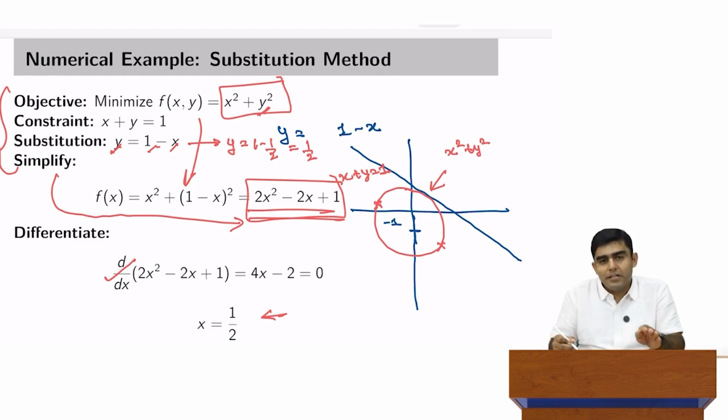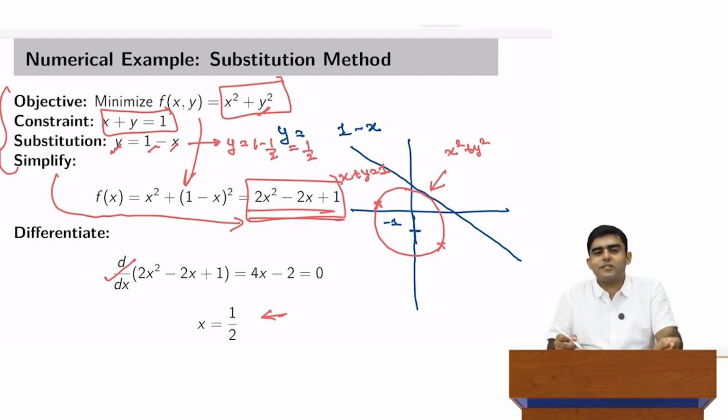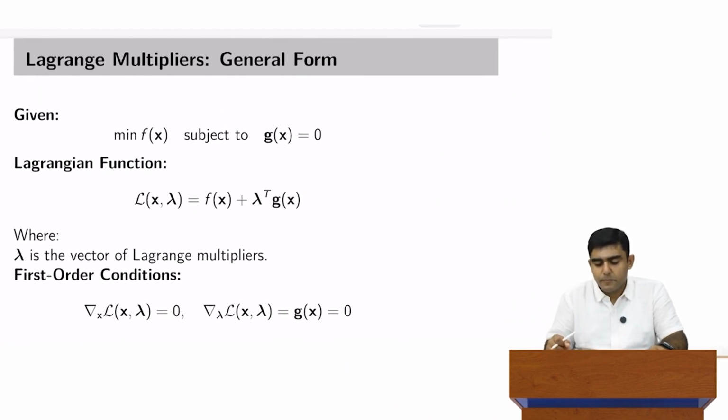So, whether it is a minimum or maximum I do not know yet because I have not checked for sufficiency, but one of the critical points for this objective function is (1 by 2, 1 by 2) when this constraint has to be met. In unconstrained optimization, our answer was (0, 0). The moment the constraint comes into the picture, we have a new critical point of interest, which is not (0, 0) but (1 by 2, 1 by 2), because of this method of substitution.